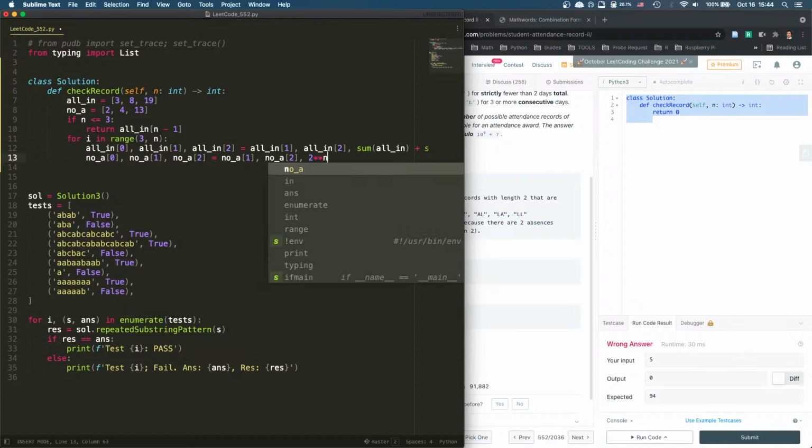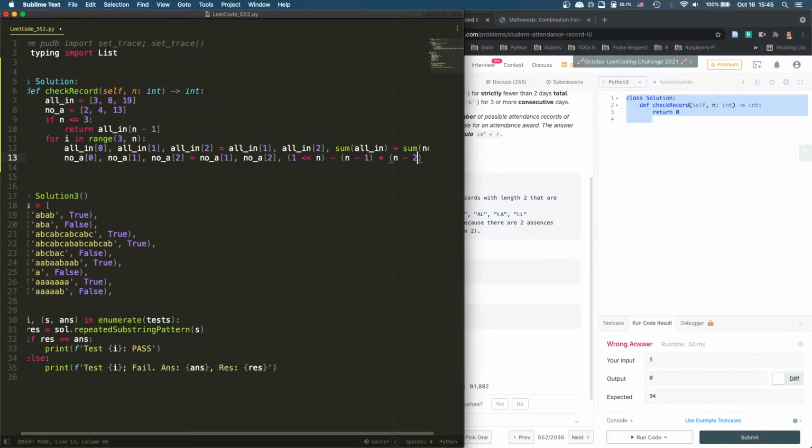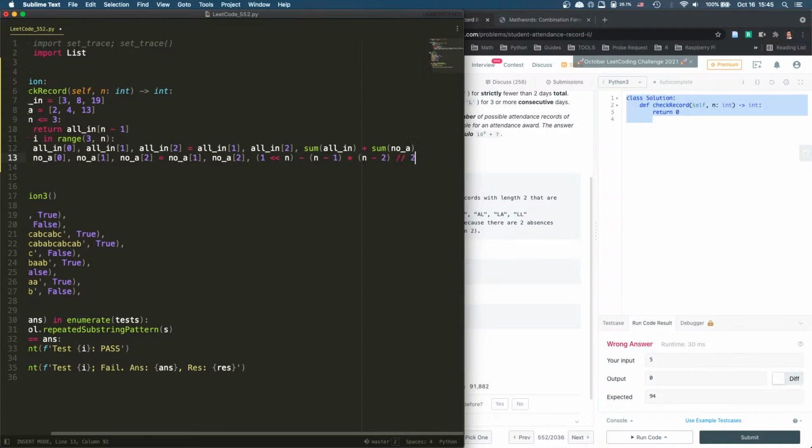I mean, if we go 2 to the n, we might as well just say 1 left shift n, right? I think that one was faster. So 1 left shift n, and this one minus n minus 1 times n minus 2 divided by 2. That's the total possibilities. And this is the total number of ways that triple L will happen.